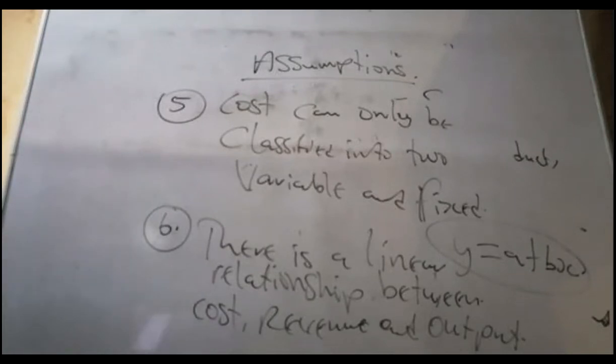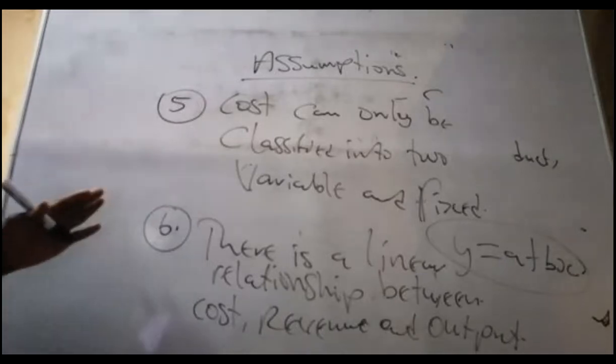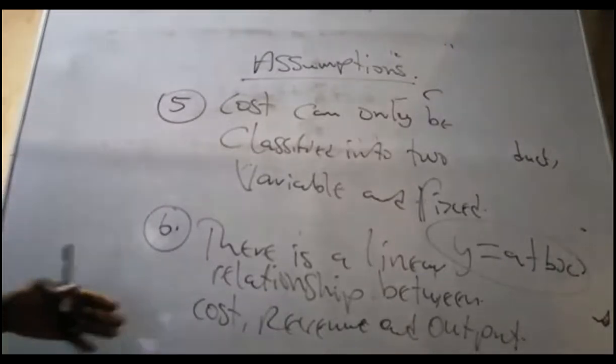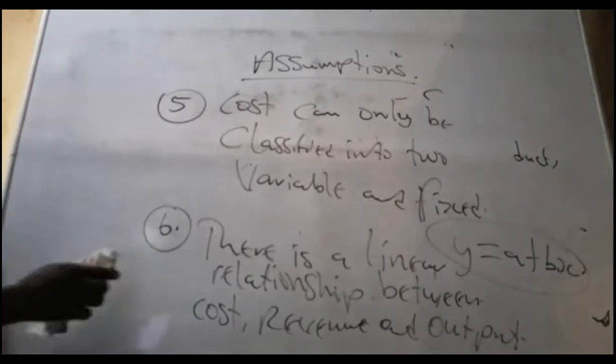Let's look at the last assumption, number 7. It also assumes that past information will provide a reliable guide in future. Wow. That means history will repeat itself. So past information will provide a reliable guide in the future period.